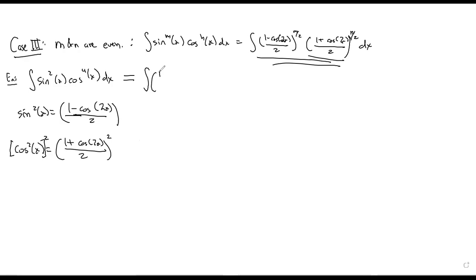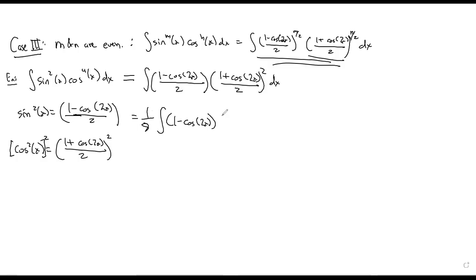So we're going to have 1 minus cosine 2x, all of that over 2, times 1 plus cosine 2x, all that over 2, squared, dx. So this is going to be equal to 1/2 times 1/2 squared, which is 1/8, times the integral of 1 minus cosine 2x times 1 plus cosine 2x times 1 plus cosine 2x dx.